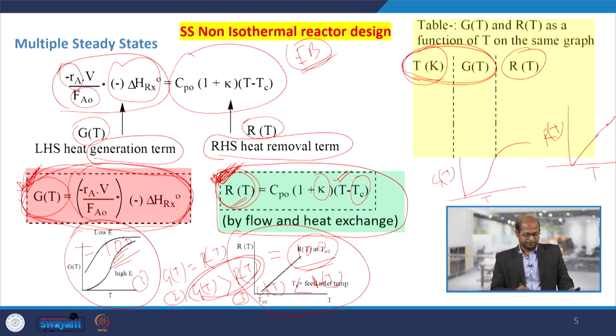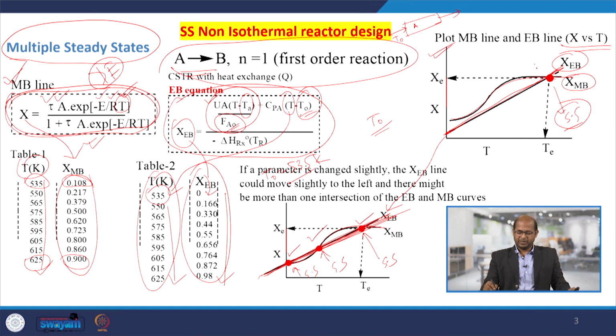If both are the same, then this is how the steady state concept comes, and we can consider a steady state. So, heat removal and heat generation are very crucial for any CSTR when we are going to design it, and there is a heat exchanger. So, how do we control a system to get a particular steady state that we can operate? This way we can think about that.